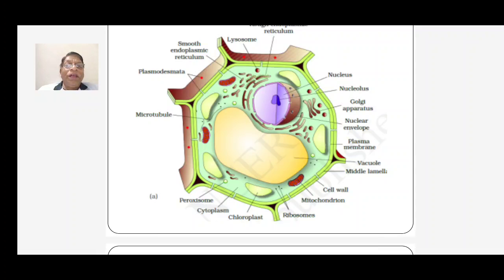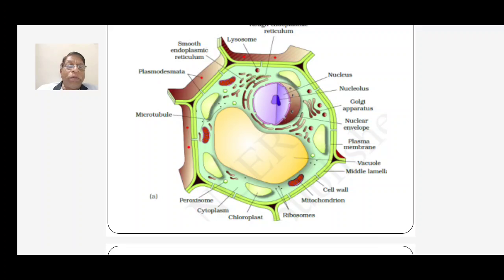Then you can see attached to the nuclear membrane, endoplasmic reticulum. It's also a double-layered system. Of course, it includes two types, rough and smooth endoplasmic reticulum.